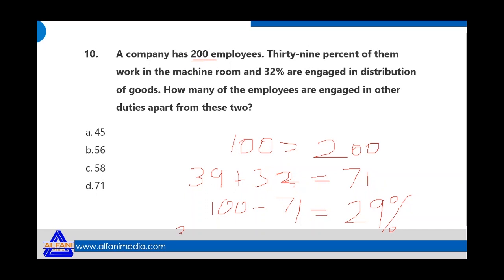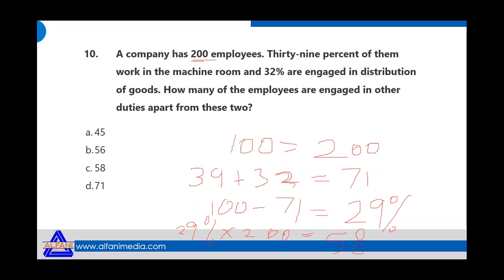So 29% times the 200 will give us the actual number of employees. 29% times the actual number of employees will give us 58.